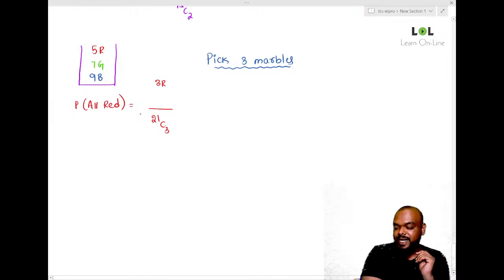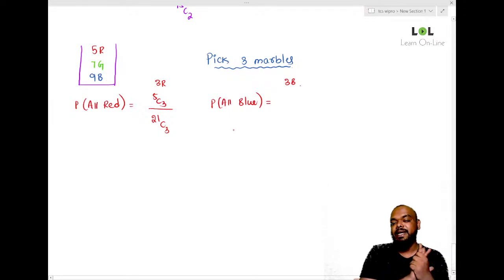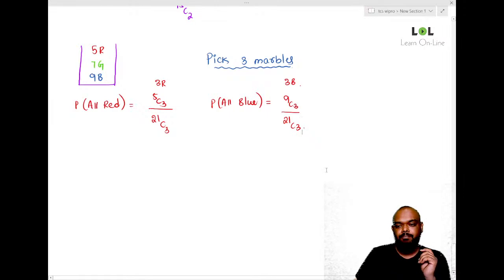So what do we get? 5C3. Perfect, guys. 5C3. That's all. Suppose I ask you what is the probability of all blue? Tell me the complete answer. What is that? 9C3 divided by 21C3. Agree? This is pretty simple.